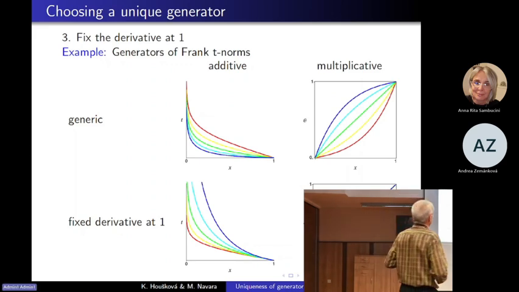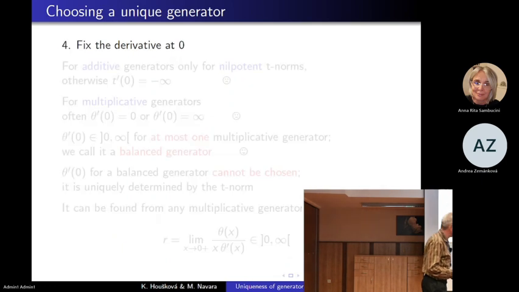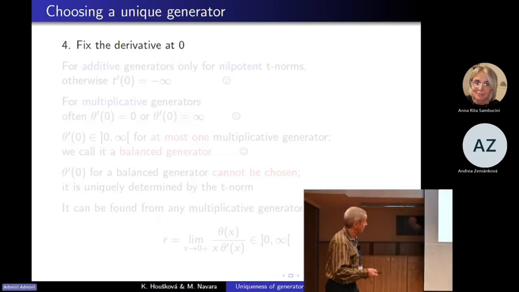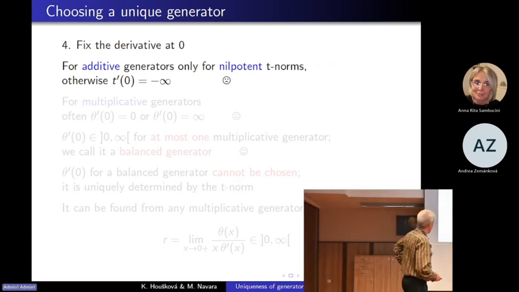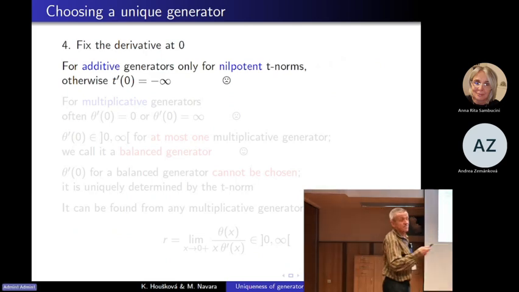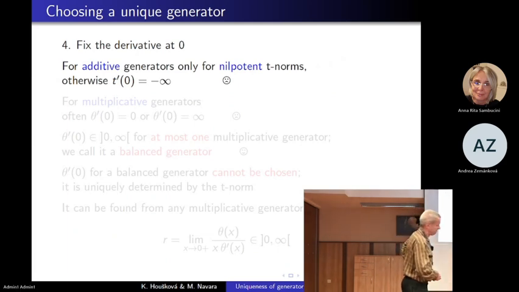The other idea is to fix the derivative at 0. Well, we have to think. For nilpotent t-norms and additive generators, that helps, but it's not a very nice result.